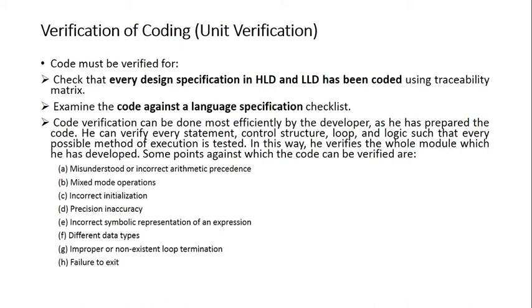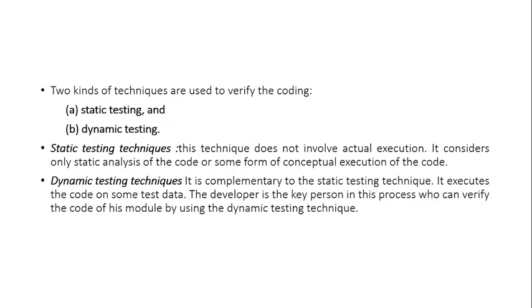Now some common points that need to be verified are misunderstood or incorrect arithmetic precedence, mixed mode operations, incorrect initializations, precision inaccuracy, incorrect symbolic representation of an expression, different data types, improper or non-existent loop termination, and failure to exit. So these are simple syntax and semantic errors that you check just by reading the code, and you verify whether such common mistakes have been made or not.